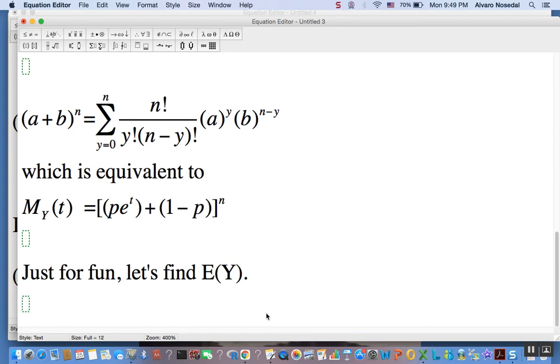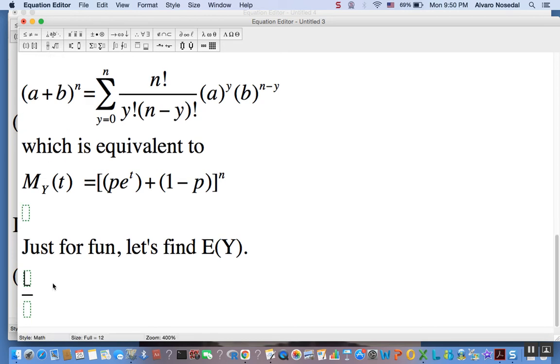So first step, as we said, we need the derivative with respect to t. Really important. Let me stress that here, because it's the derivative with respect to t, of this guy.